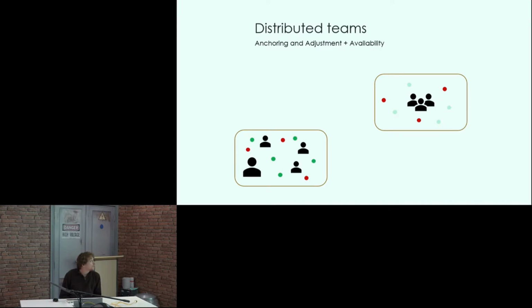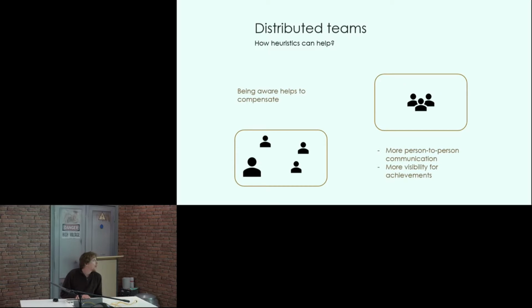So how can thinking in terms of cognitive heuristics help us in this situation? First, just being aware of this distortion may help us to compensate for it.